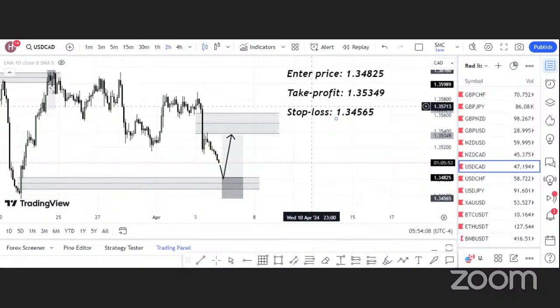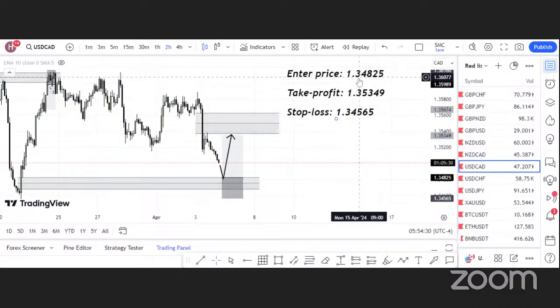So when you click on pending order, you see you have where you can set your volume, and if you have a balance below $20, I would suggest you stick to 0.01. All right. And then you see where it says enter price, enter these figures.